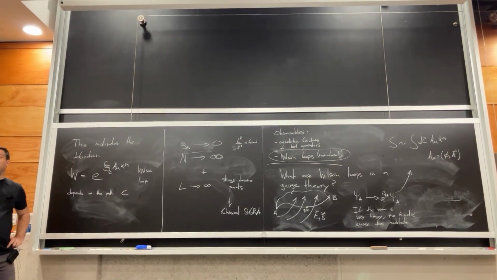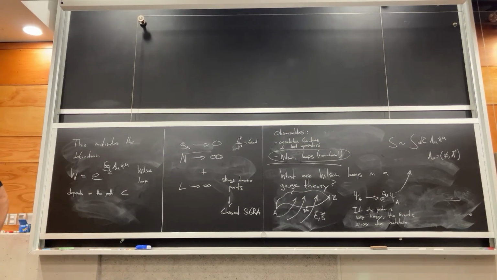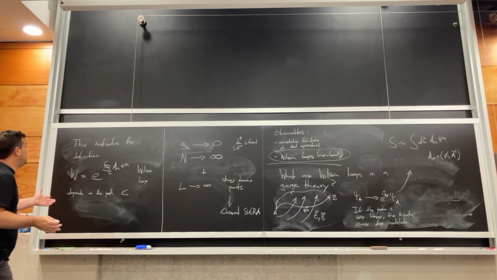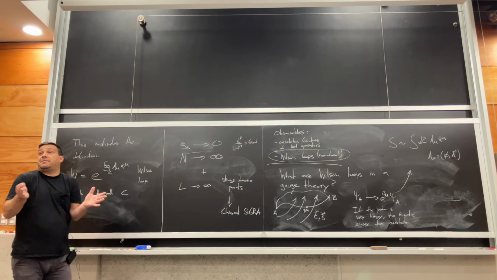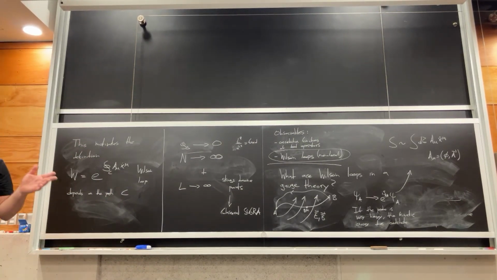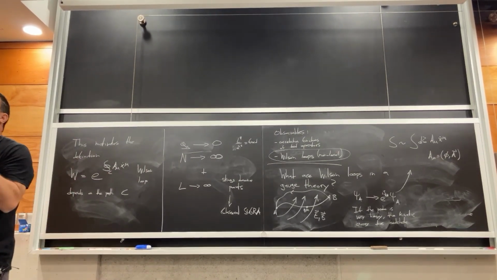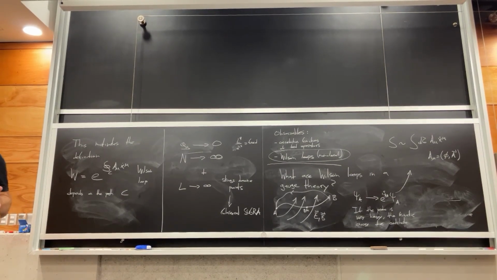So this is a path in Minkowski space. It's closed. And of course, if I want to compute this quantity, I need to say which path that is. Okay? It's free. I can choose whatever I want. Why choose one or the other? Well, what do you want to compute? What information do you want to extract from the theory? Then you choose one path or the other.